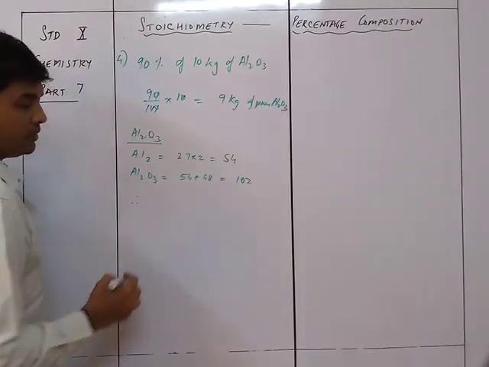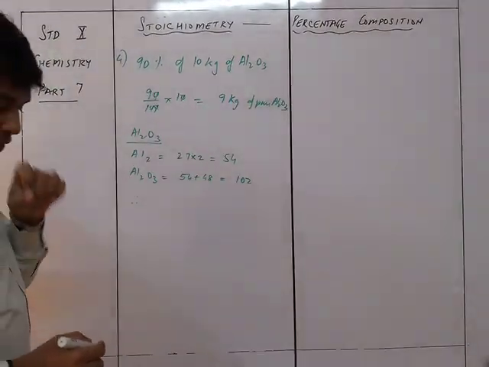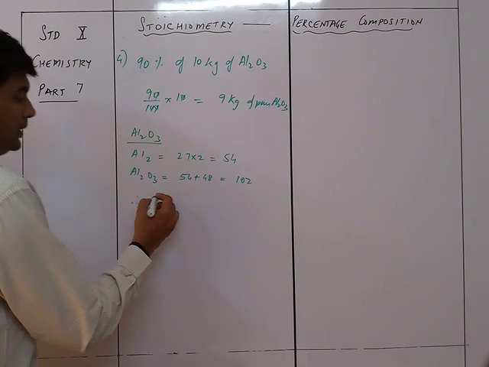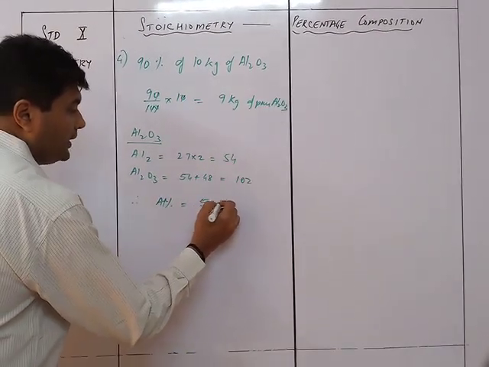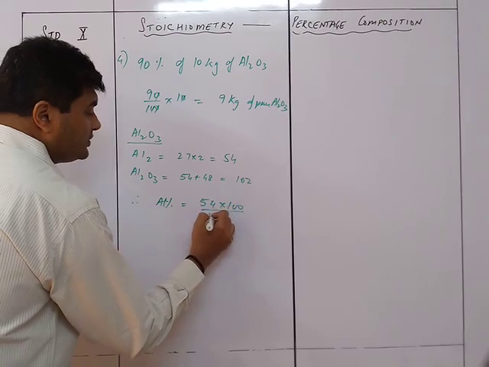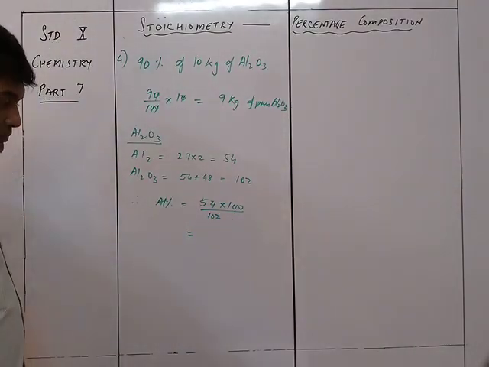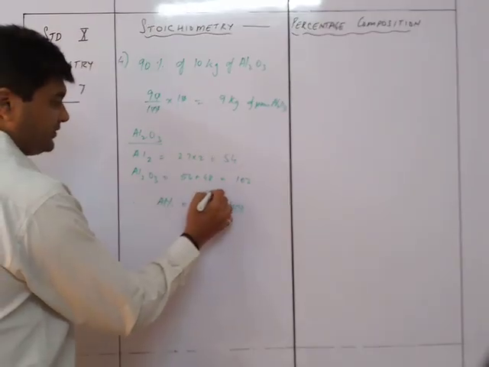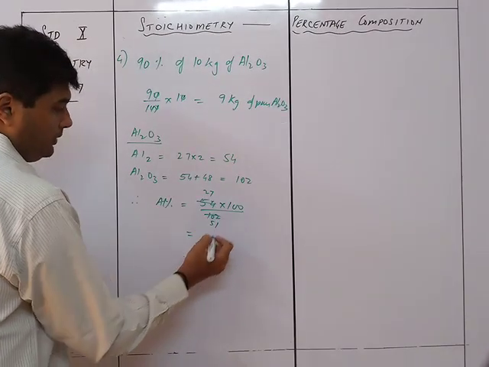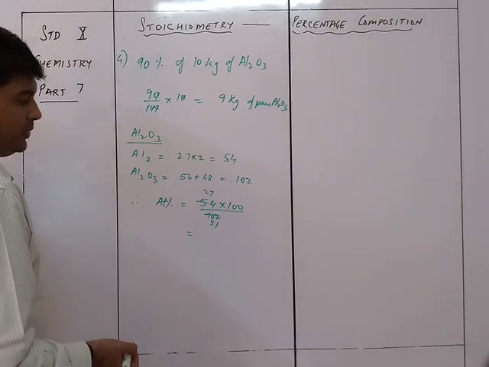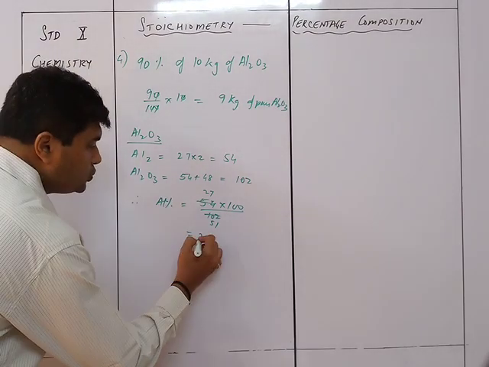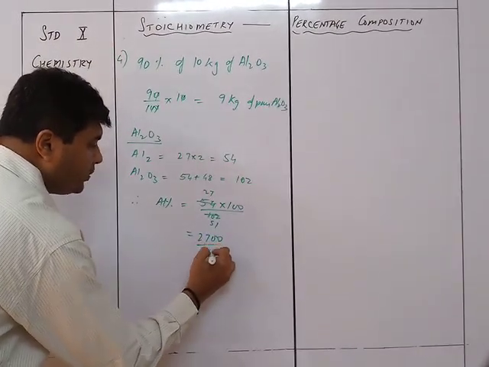Therefore, Al percent will be equal to 54 into 100 upon 102. This is 27, this is 51. So it's 2700 upon 51.